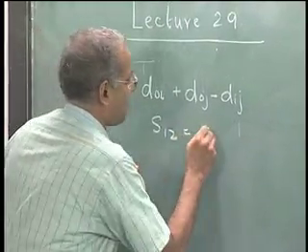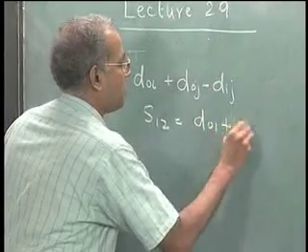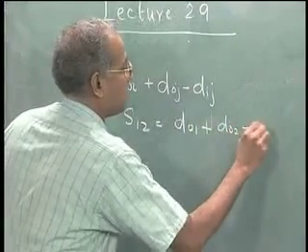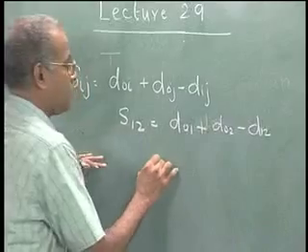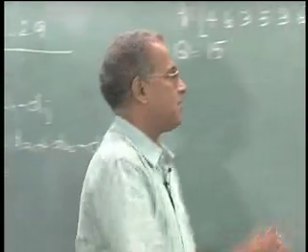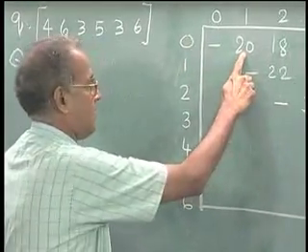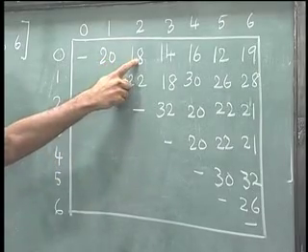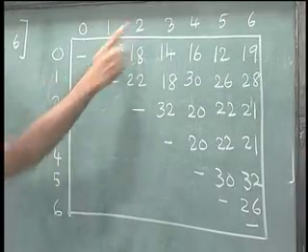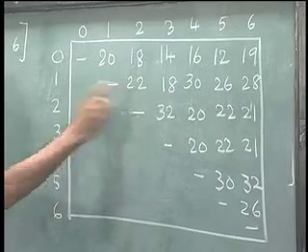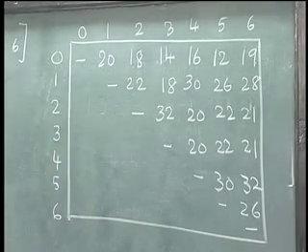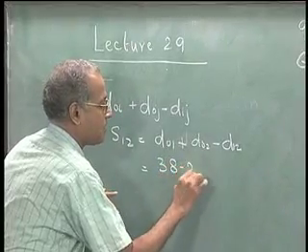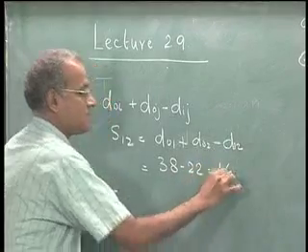For 1 and 2, this is d01 plus d02 minus d12. From this table, d01 is 20, d02 is 18. So, 20 plus 18 is 38, d12 is 22. So, this is 38 minus 22, which is equal to 16.